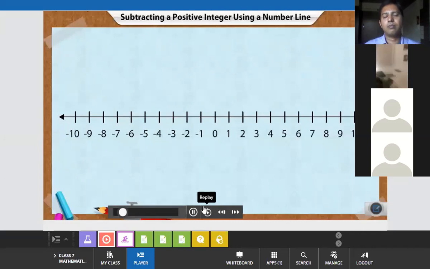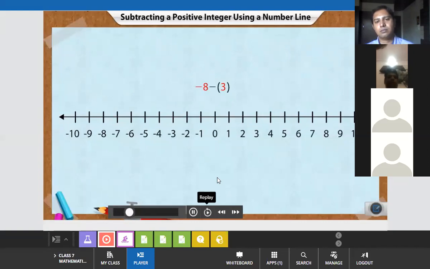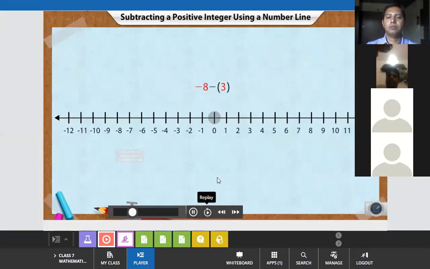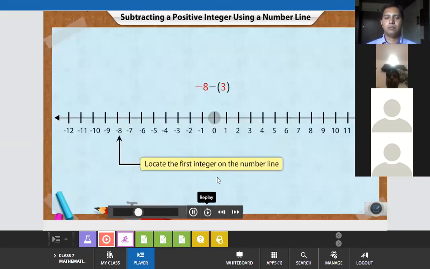Here, 3 is the positive integer. Let us take negative 8 as another integer and subtract 3 from negative 8. Draw a number line. To subtract a positive integer using a number line, locate the first integer on the number line.